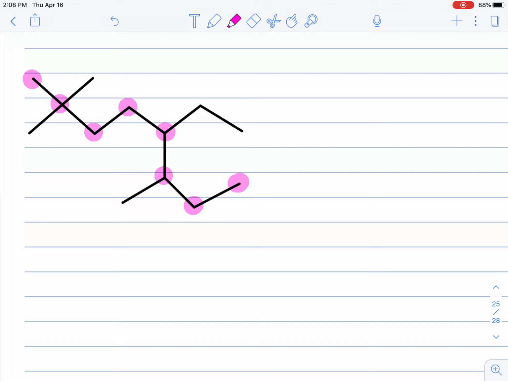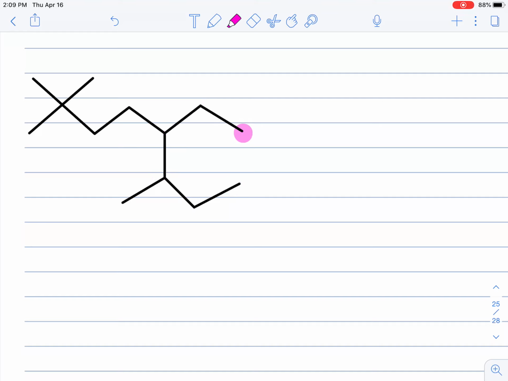And so I'm going to see if I can find a different path that could give me a higher value than 8. It looks like right now 8 is the highest value for the longest chain of carbons. If I start from the right, 1, 2, 3, 4, 5, 6, there's no way that's going to beat 8, so that's not going to be it.